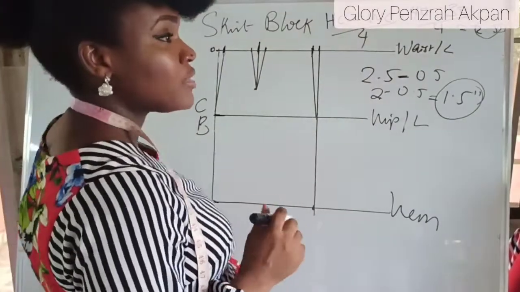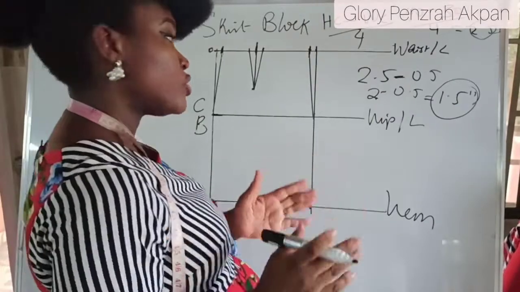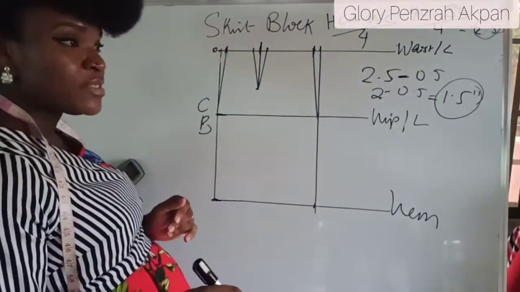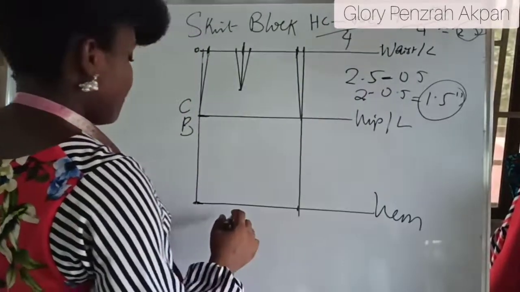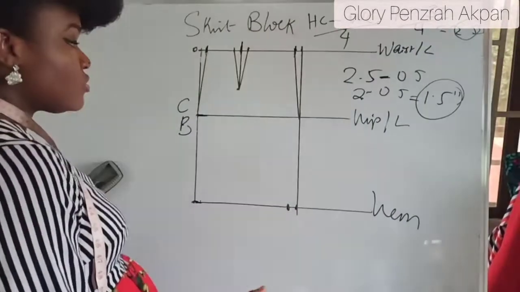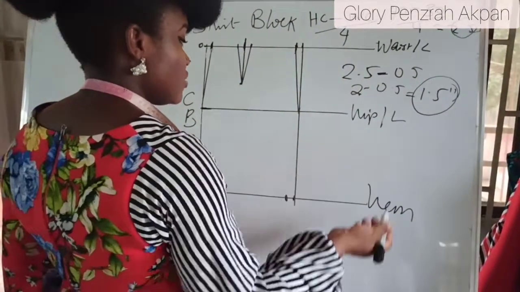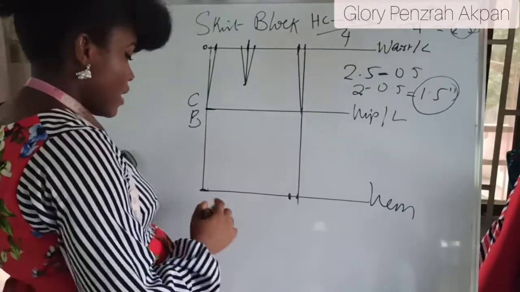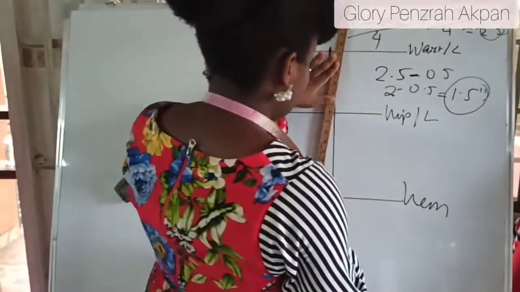But if you want your skirt to be penciled, if you want your skirt to taper a bit as it's approaching the hem, then using your hem circumference, after dividing into 4, whatever reading you have, you would use it to slant the hem. So if your hem circumference was, say, 30 inches, you divide into 4 and mark on the hemline so that you can slant the side.